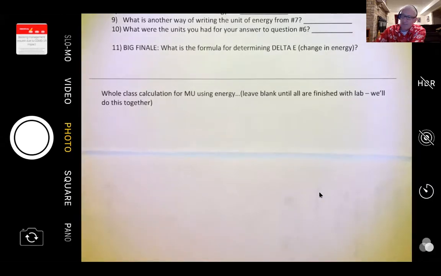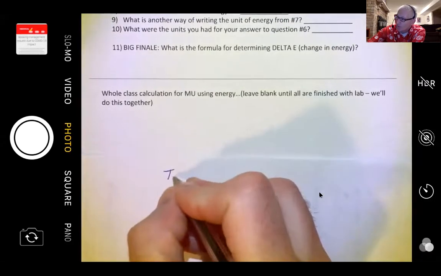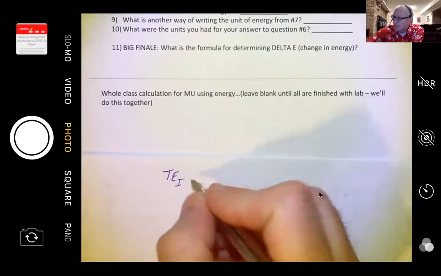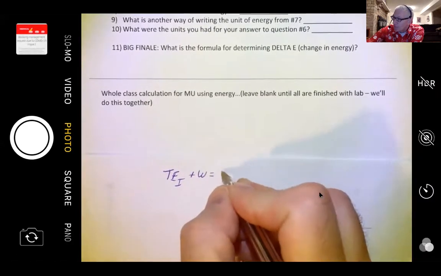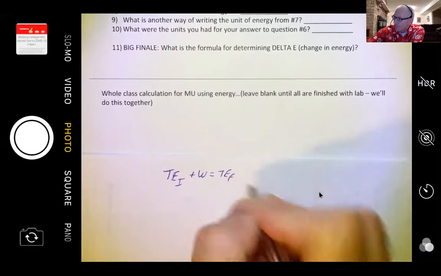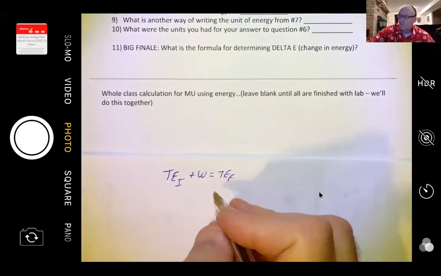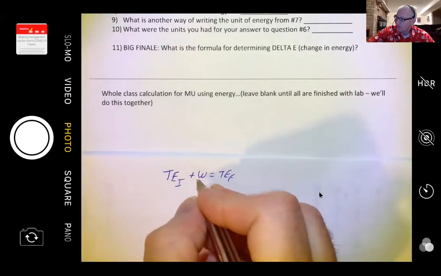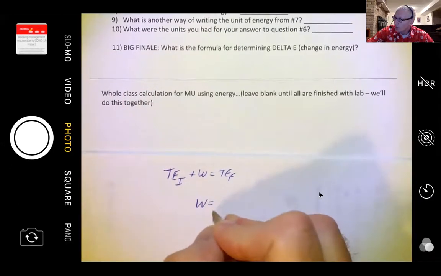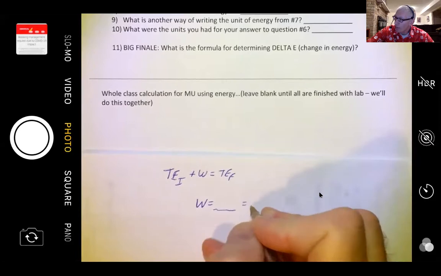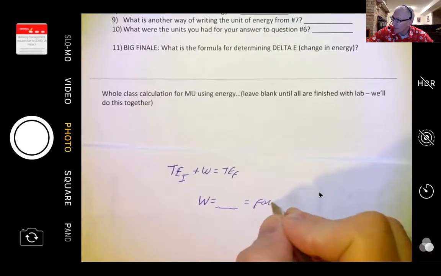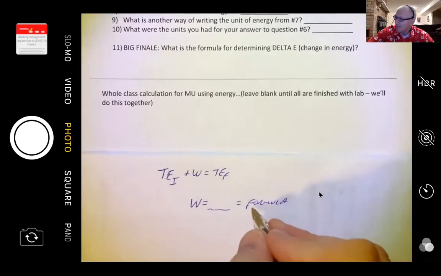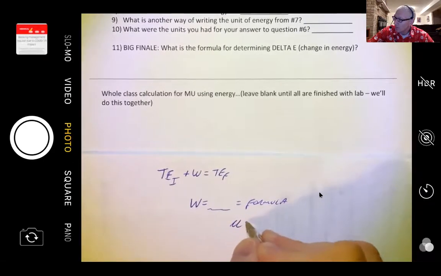And the hint that I'll give you there is to go back to your expression that you wrote at the top of the page here, TEI plus W equals TEF. And now that you have from number 11 right here, come up with a formula for W for work. If you know what work is and you know what the formula is for it, see if you can take that a step further and use that to determine mu.